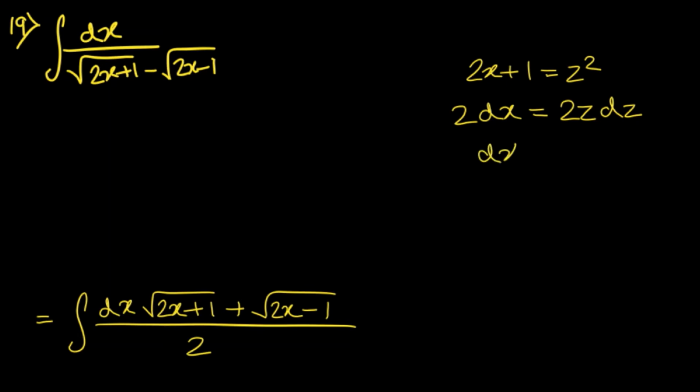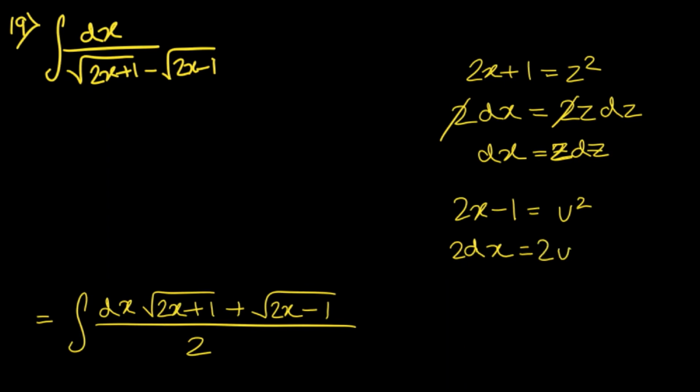So dx is equal to z dz as 2 gets cancelled from both sides. So similarly 2x minus 1 as u square, then on differentiating both sides it will come to be 2 dx is equal to 2u du. So dx is equal to u du.